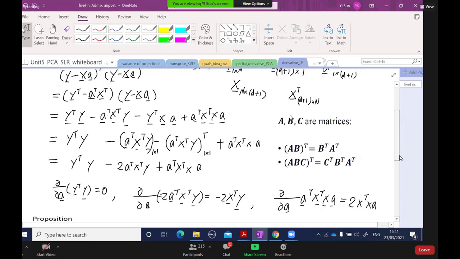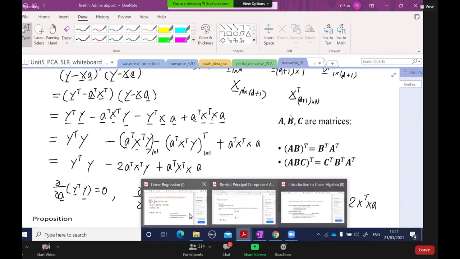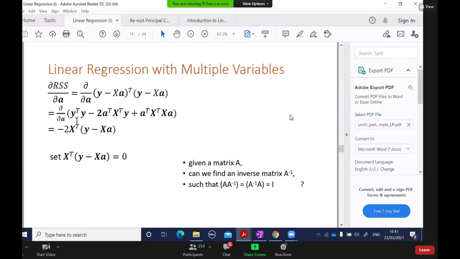Now, if we write them together, what do we get? We go back to here, and that is what we get.